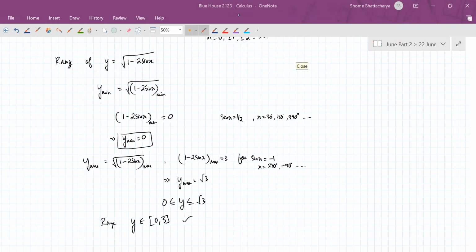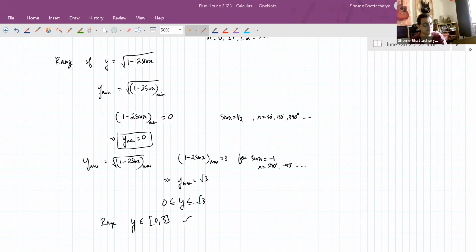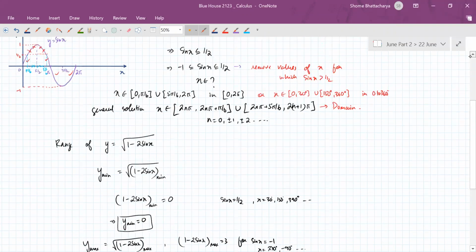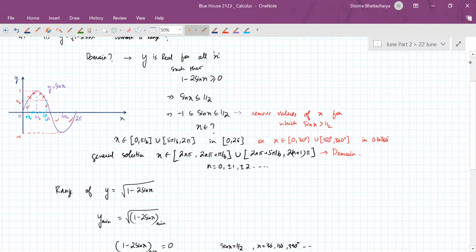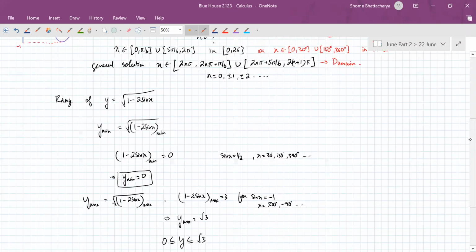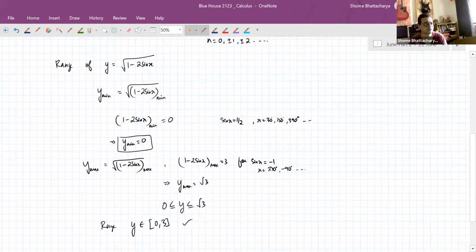Yes, so in the above one, we saw that x can also be 0 degrees, right? Yeah, x can be 0. So, sir, in the minimum value of 1 minus 2 sine x, there should be 0 also. No, 0 will not be the minimum, beta. Because see, when is this function minimum?